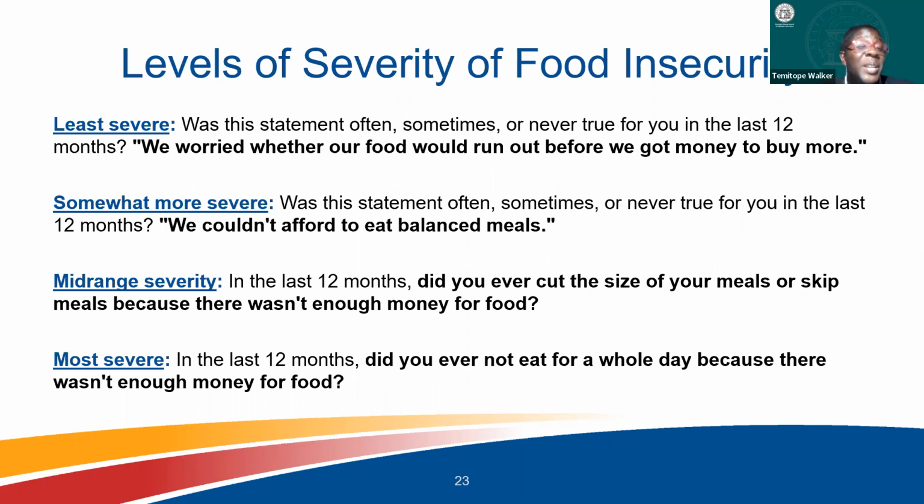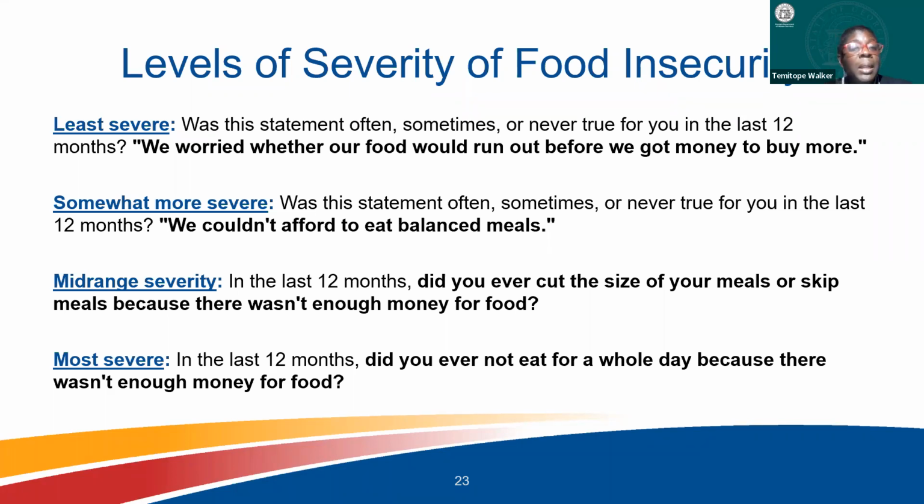So knowledge is power. Knowing not only how the assessment is scored, but knowing how the questions tell you something about the severity of food insecurity helps those administering and evaluating the assessment think about the implications of the responses and what that means. Answers to these questions can give an indication of how severe a respondent's food insecurity is.